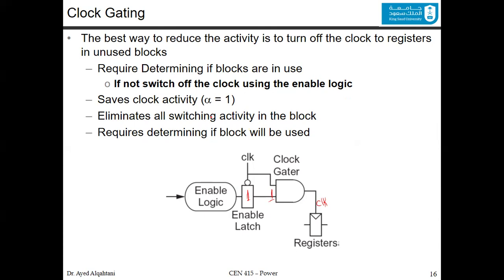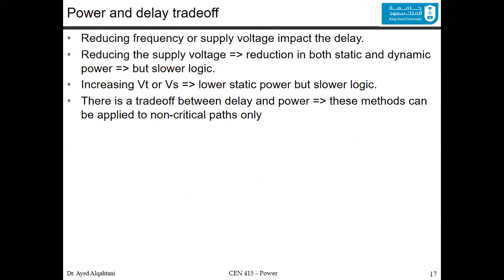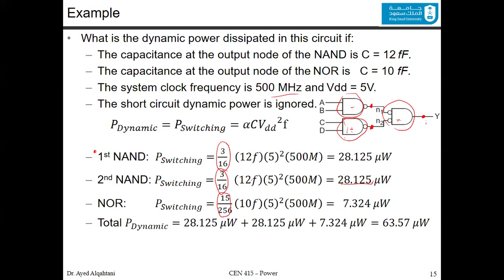Now, for the power and delay trade-off, we mentioned at the beginning that if you want a fast logic, you must consume a lot of power. So there is a direct relation between them, and this is actually shown here in the equation. If you want fast logic, meaning the frequency is high, then the switching power, or dynamic power, will also be high.